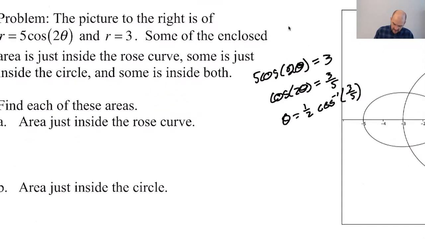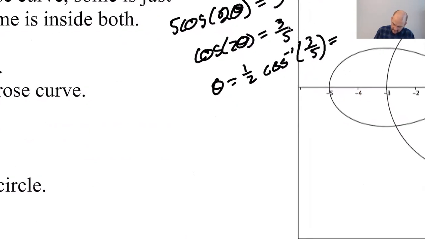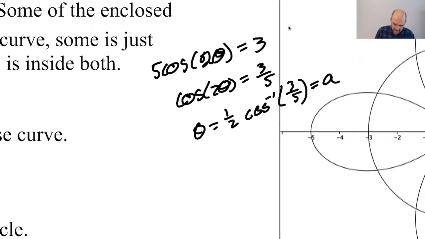Wow. Okay. So here's my plan. Let's call this A. We're going to integrate to A. A is stored as this value in my mind, and it will be stored on the calculator also as that value.